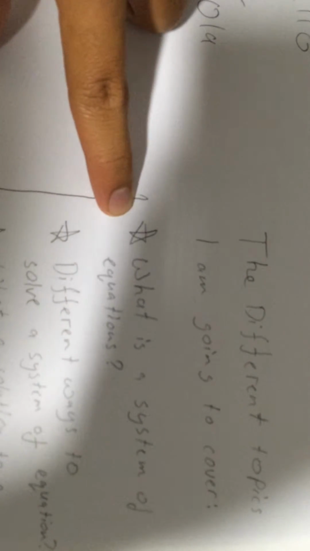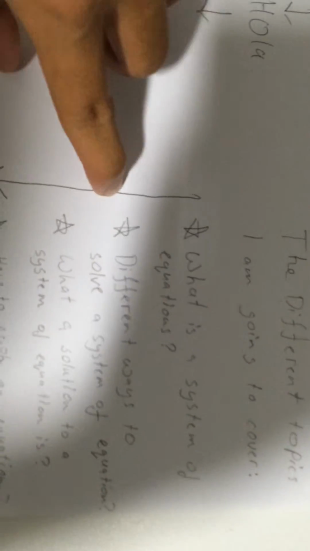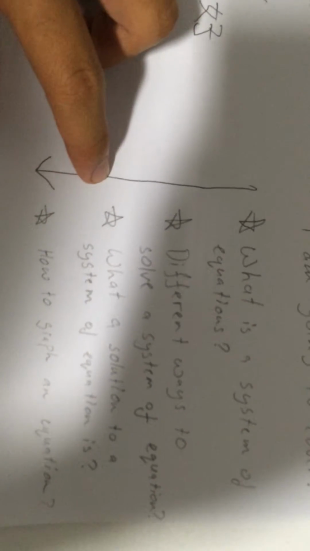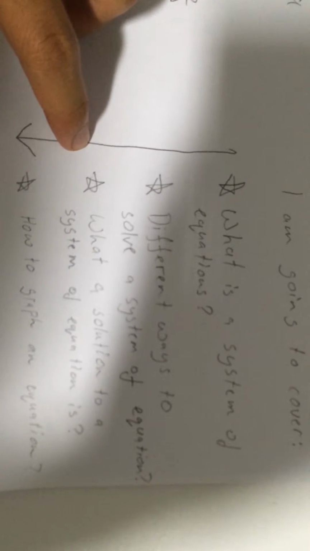So let's start. The different topics I'm going to cover today are: what is a system of equations, different ways to solve a system of equations, what a solution to a system of equations is, and finally how to graph an equation. Okay, let's start off with what is a system of equations.